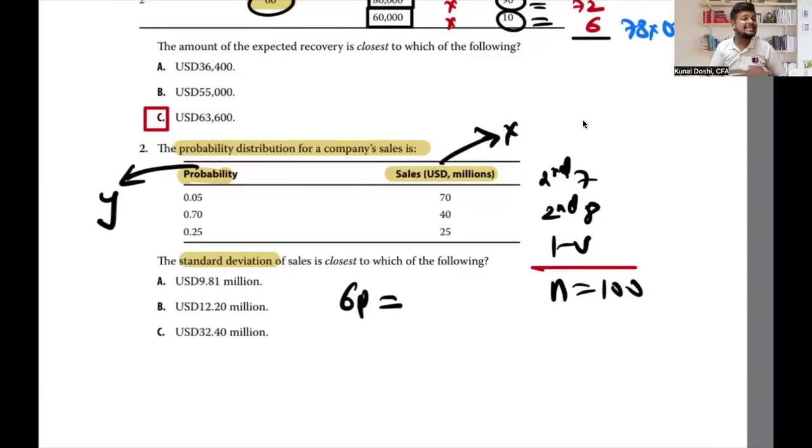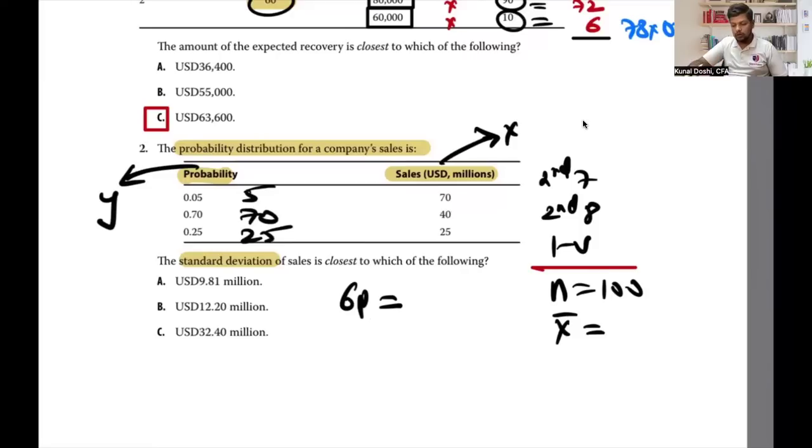So N has to be 100. And you will get a mean, but we don't require mean. Remember, we are not looking for sample standard deviation here. Whenever there is a probability, we always look for population standard deviation. Second important thing, in the probability section, you will not put 0.05, 0.7, and 0.25. You'll put 5, 70, and 25.